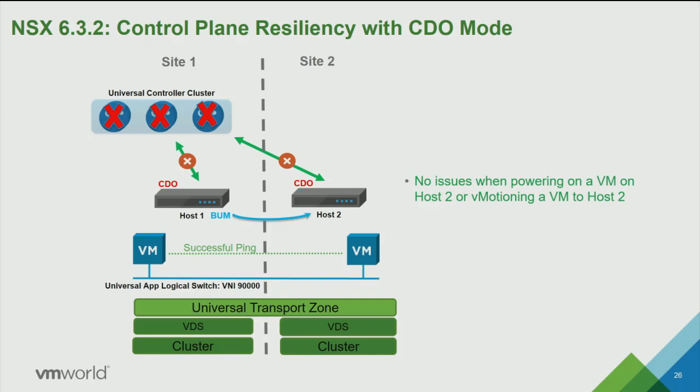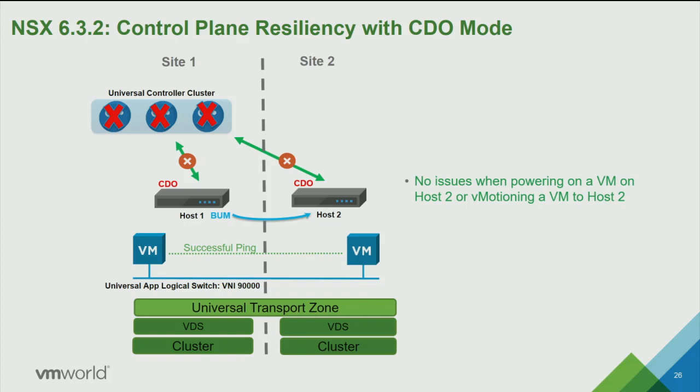And when you're broadcasting this traffic, again, it's not as efficient as the controller cluster because you're broadcasting it everywhere, where the controller cluster is telling you exactly where to send that traffic. So it is not as efficient a mode, but it's a mode that keeps things running until you get your controller cluster back up. So we wanted to give that option to customers.